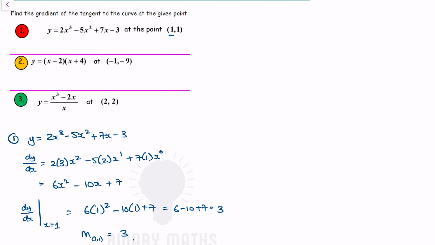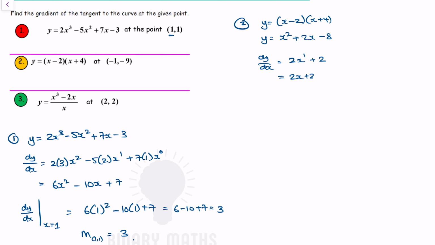Okay, question 2. y is equal to (x minus 2) times (x plus 4), which means if I expand it, I get x squared plus 4x minus 2x, which is plus 2x, and then minus 8. So if I'm finding dy/dx, it's 2 times x to the power of 1 plus 2, which means it's just 2x plus 2.